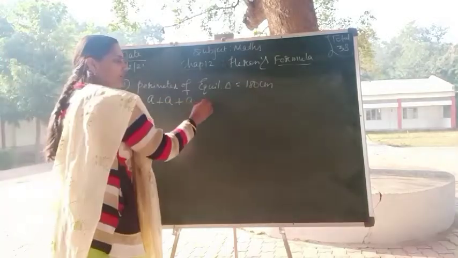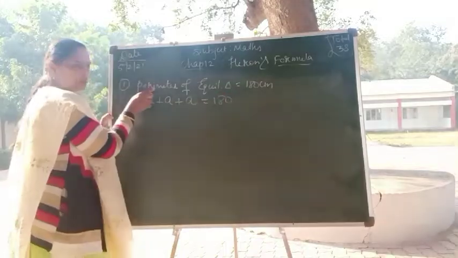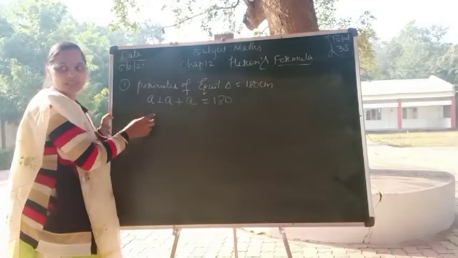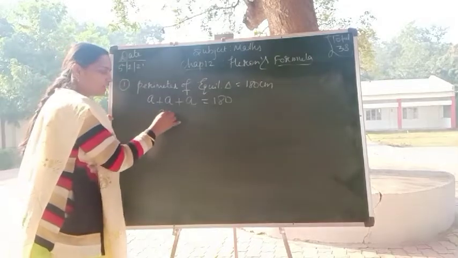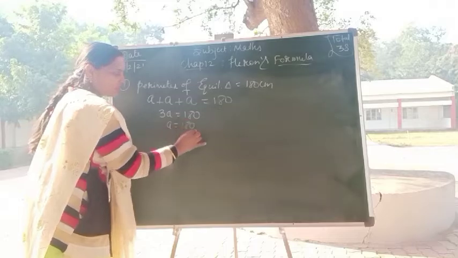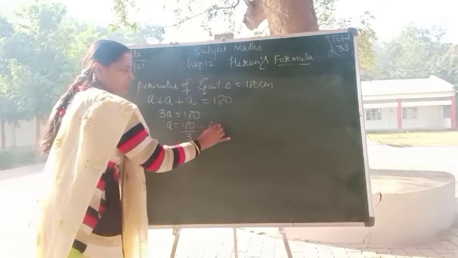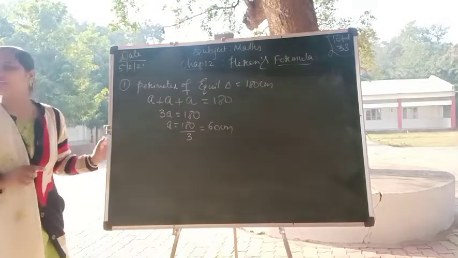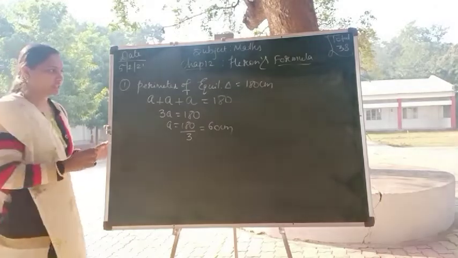So equals to 180. Under perimeter I have written sum of all three sides and each side is a. So 3a equals to 180. So a will be 180 by 3, 60 centimeter. It means the side of equilateral triangle is 60 centimeter.